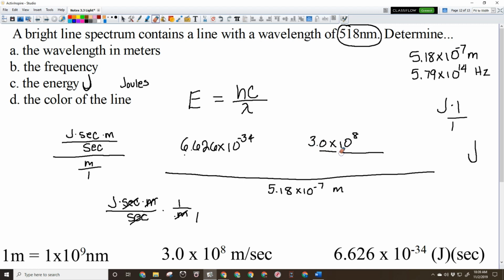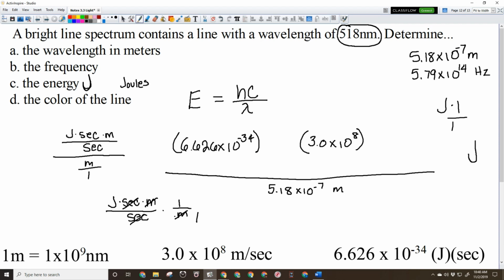So if I take all of this other stuff out so I can clean this up, I see that the math here is Planck's constant times the speed of light divided by the wavelength that I calculated in A. All right, so if I grab my calculator, 6.626 times 10 to the negative 34 times 3.0 times 10 to the 8 divided by 5.18 times 10 to the negative 7th.